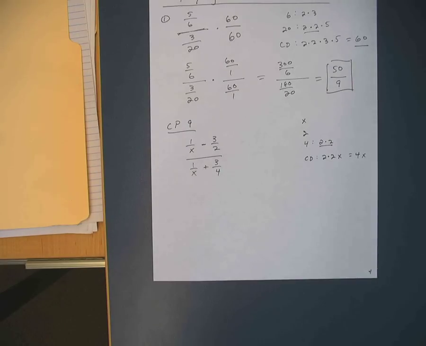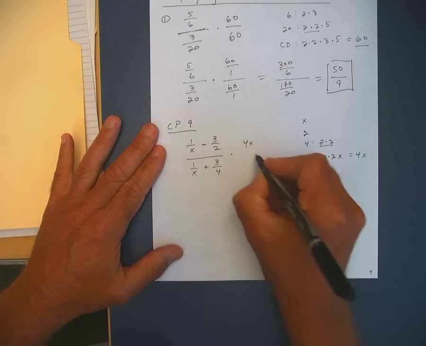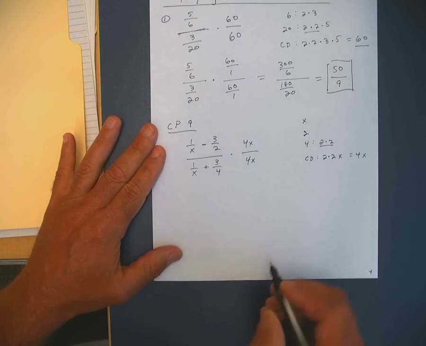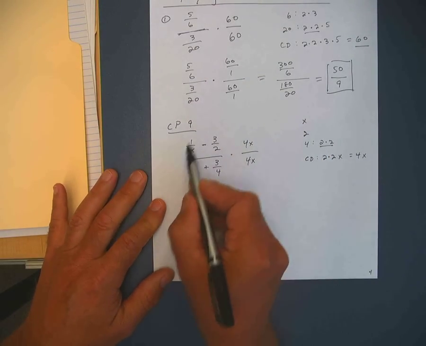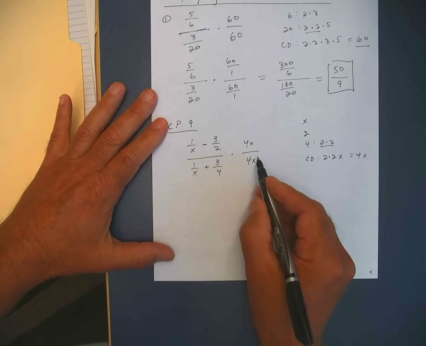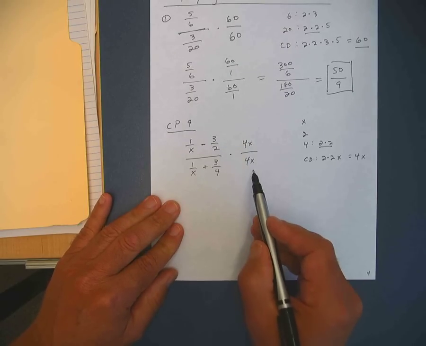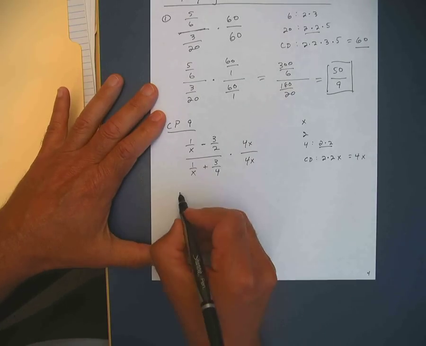Okay, the magic part of this, it's not magic, but what seems to be magic, is if I multiply the numerator by 4x and the denominator by 4x, we will no longer end up with fractions up here or down here. So let's do that. And again, if you feel more comfortable, you can put the 4x over 1, 4x over 1.